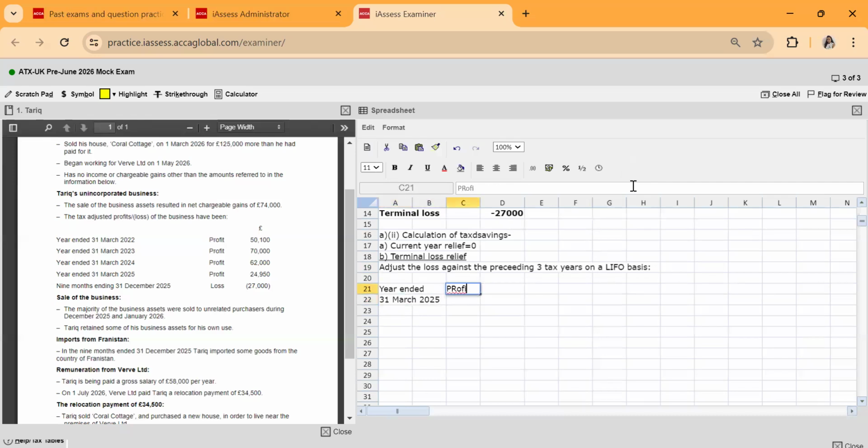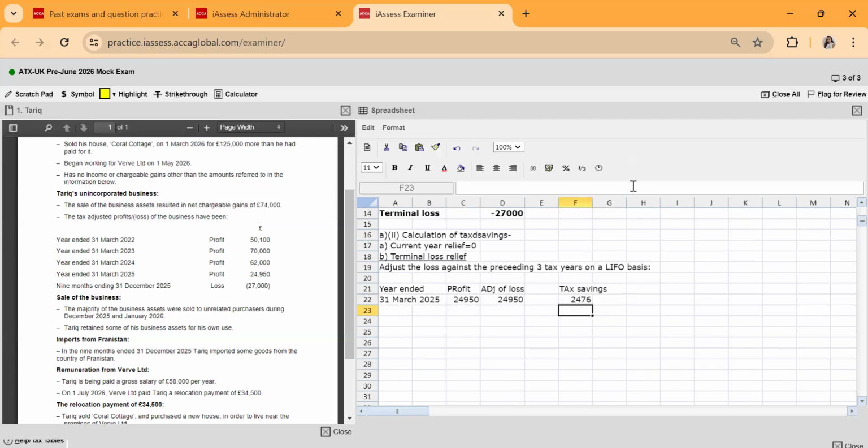The profit is 24,950, and we can do the full adjustment of loss. 24,950 can be fully adjusted, so tax savings will be 24,950 less 12,570 multiplied by 20%, because he is in the basic rate tax category.